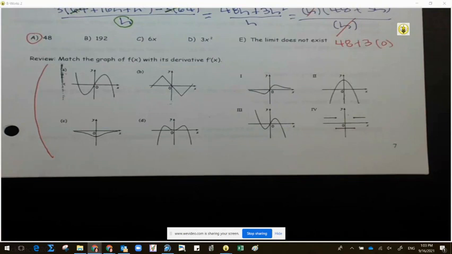On some of these, think about how many terms there are. There should be one less term on the derivative as a possible way to eliminate.